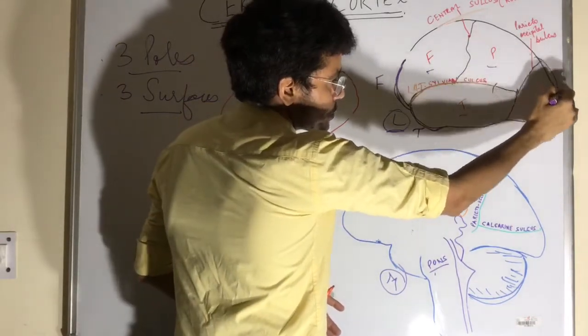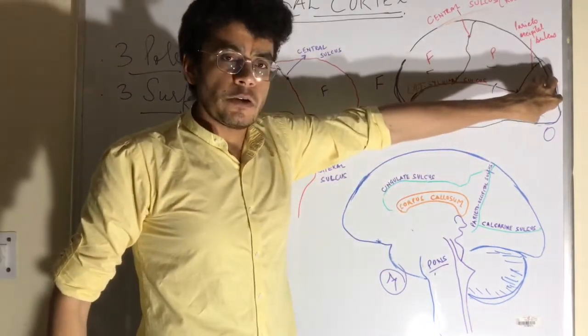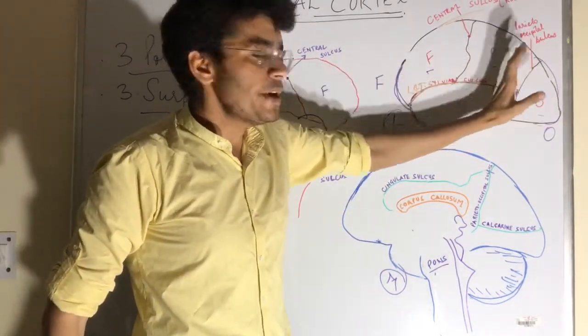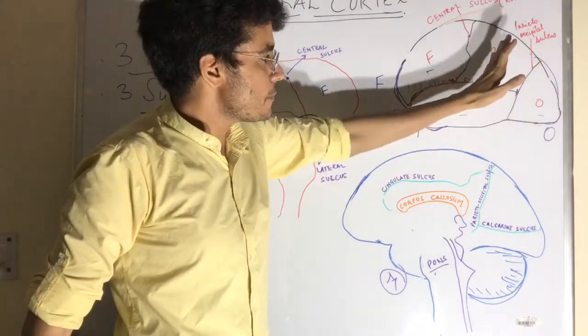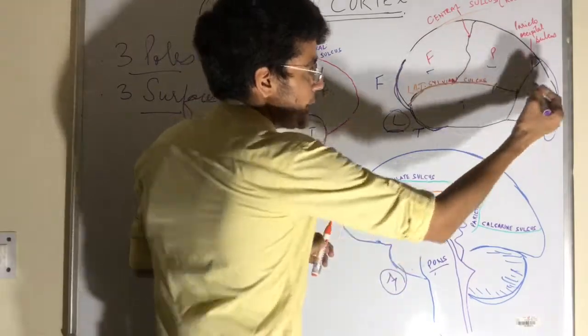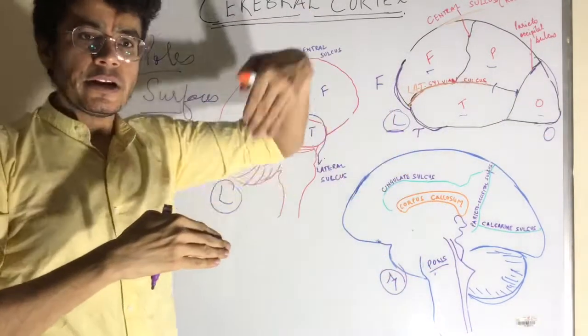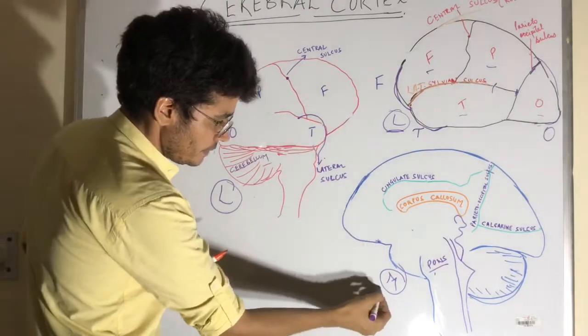This posterior most part of the cerebral hemisphere is called the occipital lobe, and there is no prominent sulcus separating it from the parietal and temporal on the lateral aspect. This parieto-occipital sulcus is just an extension coming from the medial aspect. If you look at the medial aspect, this is the medial diagram.